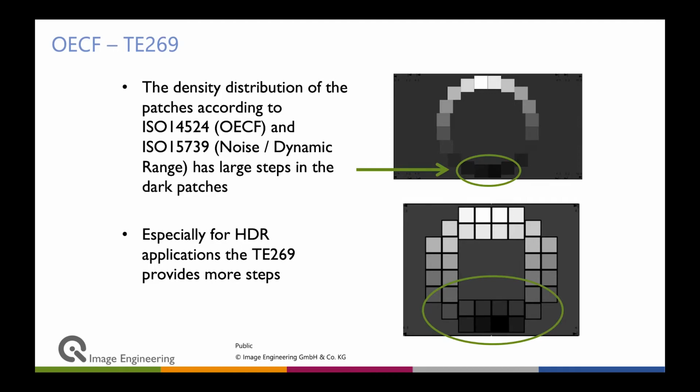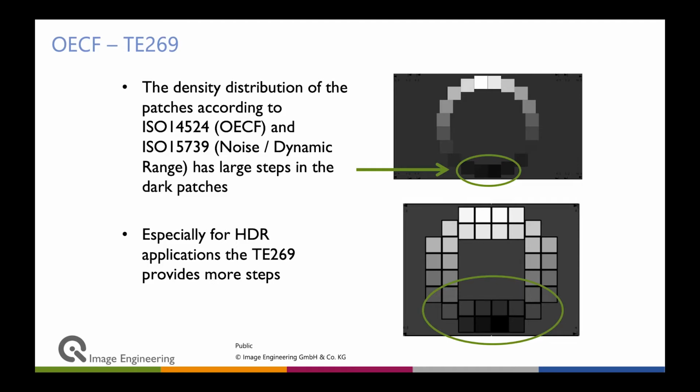Something worth mentioning here is, even though we talk about the ISO standard, in some cases the test targets that we provide do not fully follow the ISO standard by intention. The ISO standard is written and designed for consumer cameras with single exposure modes.